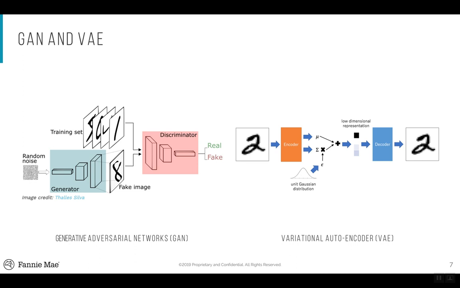The benefit is that it can generate very realistic data. However, it is very hard to train because we want two neural networks to compete with each other. A dynamic balance between the two networks needs to be established to train the GAN well.